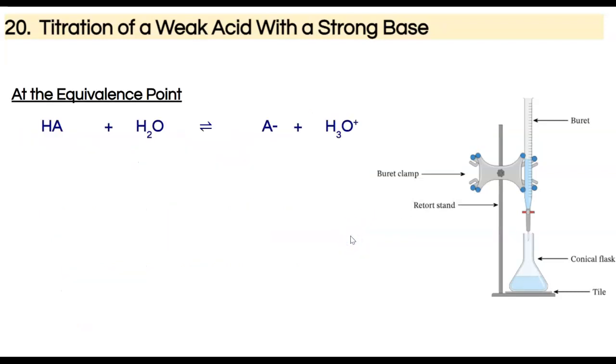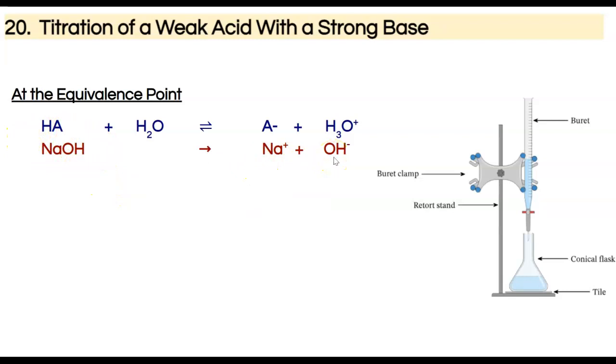So we have our weak acid and we have our strong base, and we know that the number of moles of each of these are going to be equivalent. And so when I add sodium hydroxide, it will dissociate to produce an equivalent amount of hydroxide as there are sodium hydroxide particles.